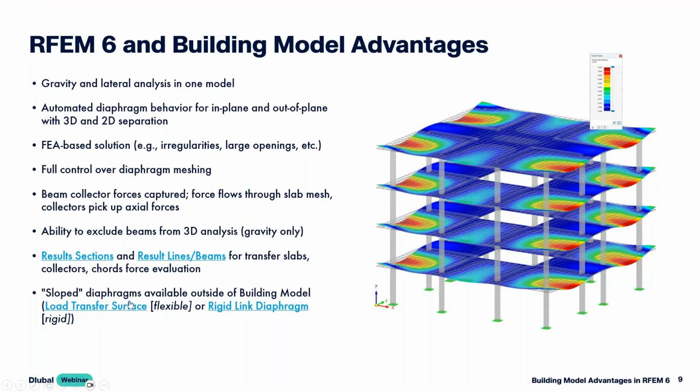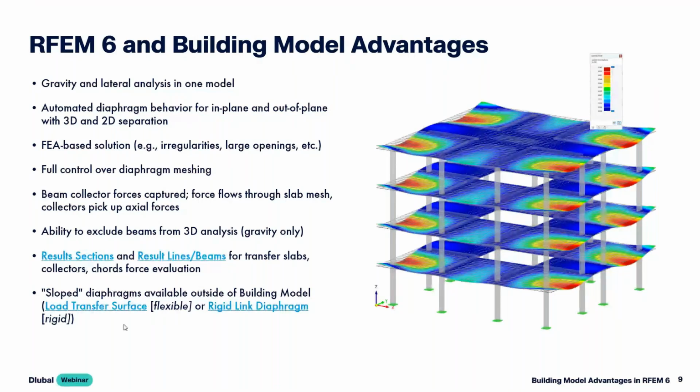And finally, slope diaphragms. This is a very common question. Can we do slope diaphragms? I would suggest that in the building model itself, we don't define slope diaphragms. But within the base program RFEM 6, this is entirely possible. We could certainly combine standard horizontal diaphragms with slope diaphragms, with both the building model add-on within RFEM 6.